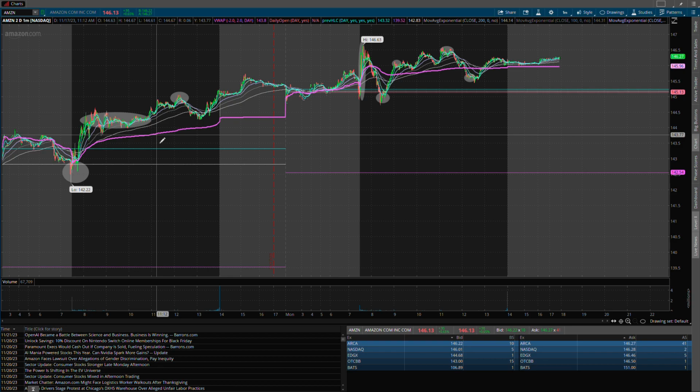So there are actually three types, aren't there? There's a breakout. So that's also considered a major trend reversal, but that would be considered something different.